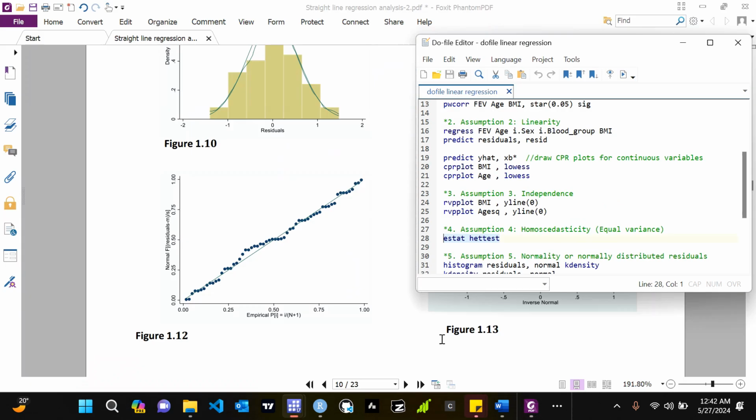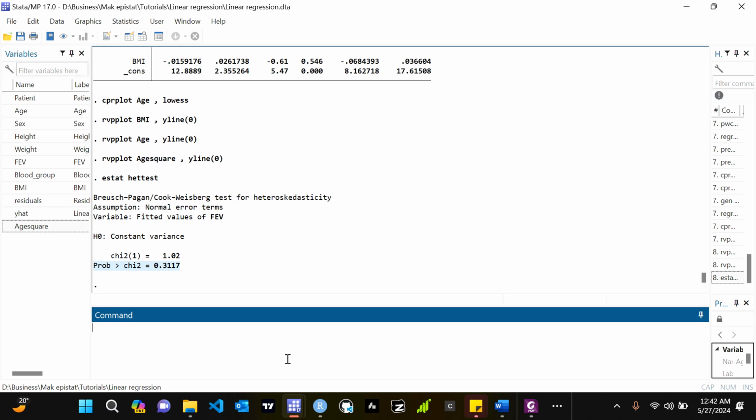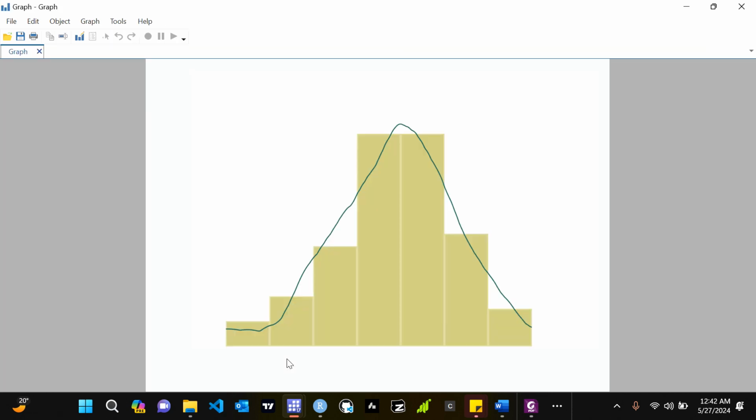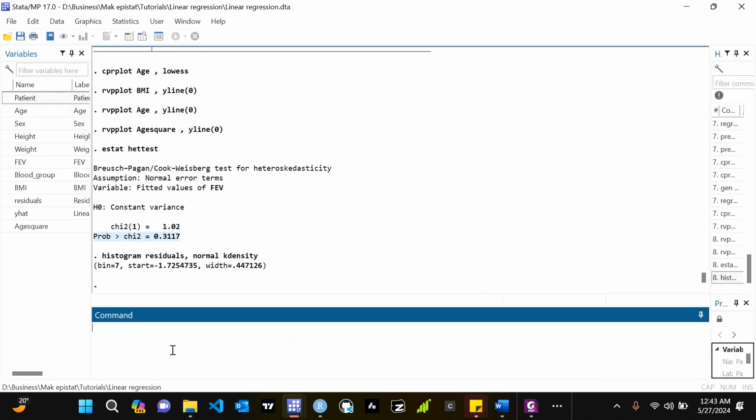So let's go ahead and test this assumption. So we do the histogram of residuals. We already predicted our residuals. Oh wait, these are the residuals that we predicted without the higher order term.